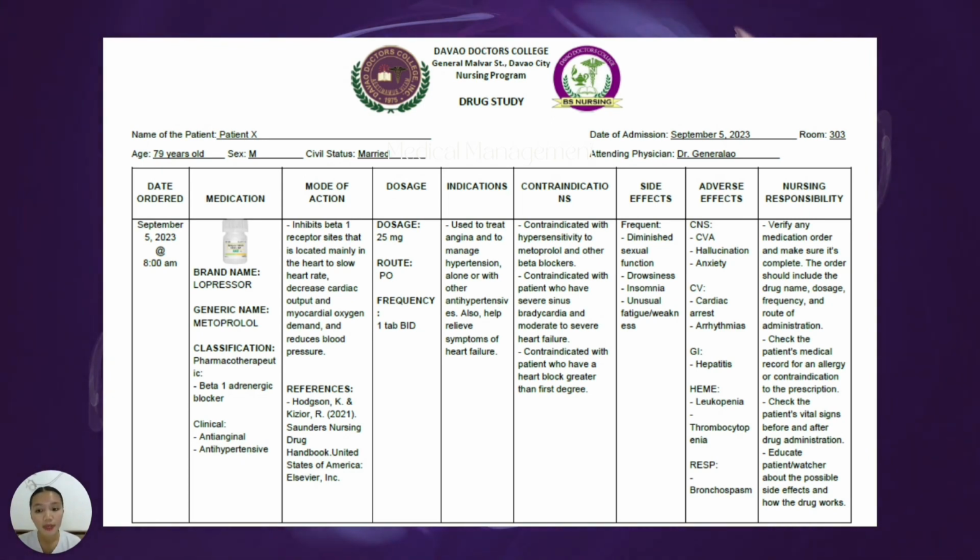And then educate the patient or the watcher about the possible side effects and how the drug works, because they should be aware of what the patient will be experiencing after the drug administration, and also know the purpose of why this drug is being administered to the patient. This could also prevent any anxiety in the patient if they know the side effects as well as its purpose.